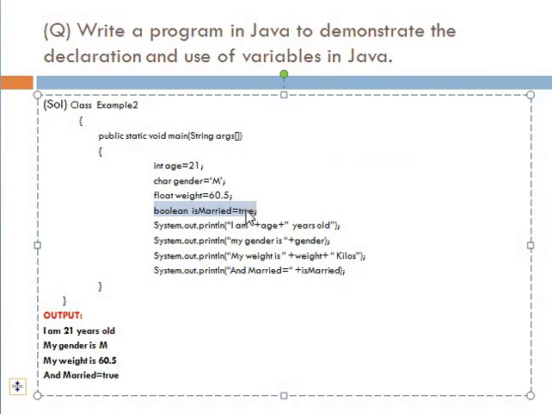Now that the value true has been assigned to the variable isMarried, its data type has been declared as boolean. As a result, from these 4 Java statements, I have first assigned the value 21 to age, then m to gender, 60.5 to weight, and true to isMarried.